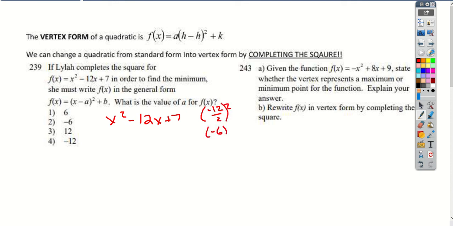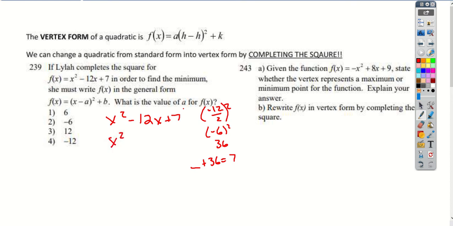So this is negative 6 squared, which is 36. So I want to get this number to turn into 36, and it's already a 7. So it's kind of like, what plus 36 is going to equal 7? Whatever this is, that's what I want to add on to it.